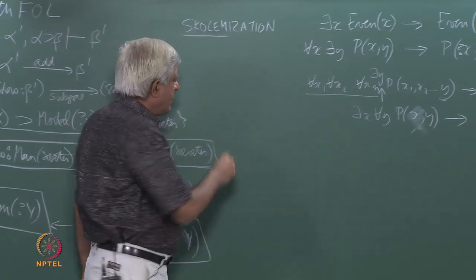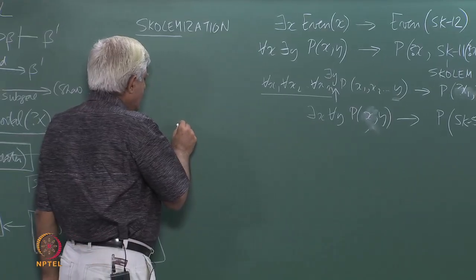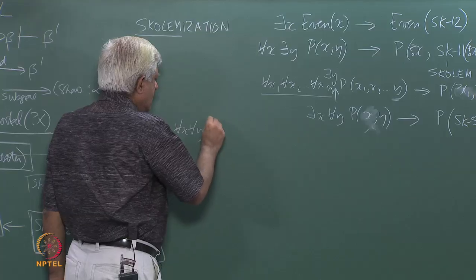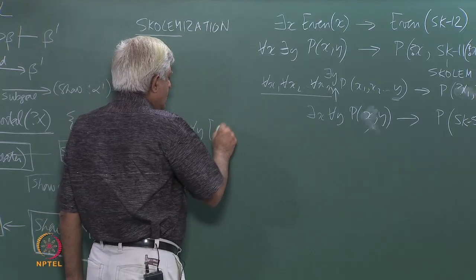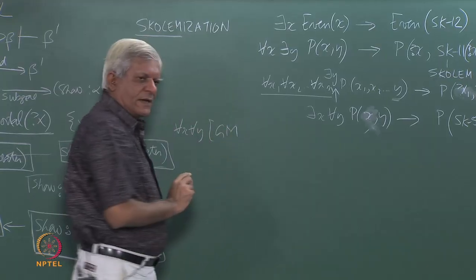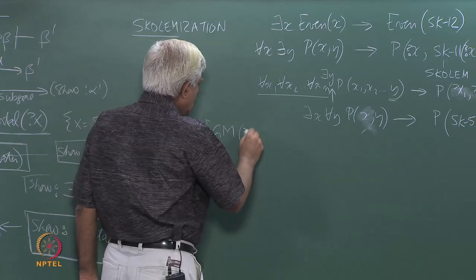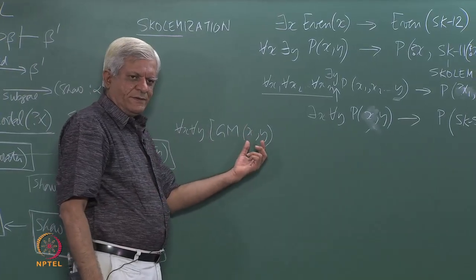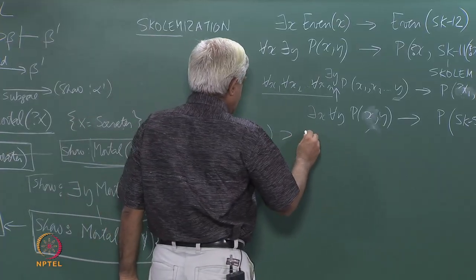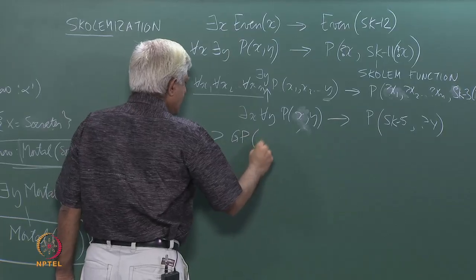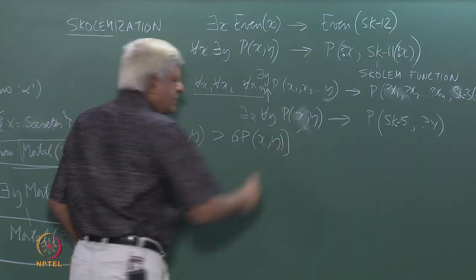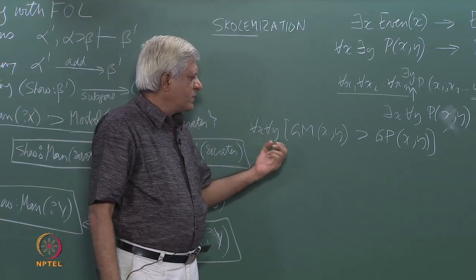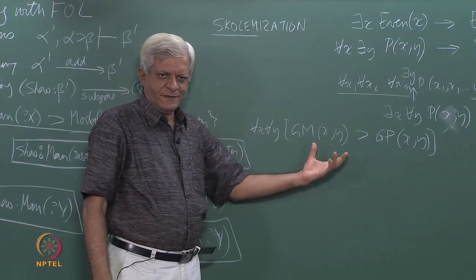You might want a statement like this: for all x for all y, GM x y, and let us say this means that x is the grandmother of y, implies GP x y, where GP stands for grandparent. Let us say for some reason we want to put this rule into our knowledge base or database. What you are saying here is that grandmothers are grandparents.